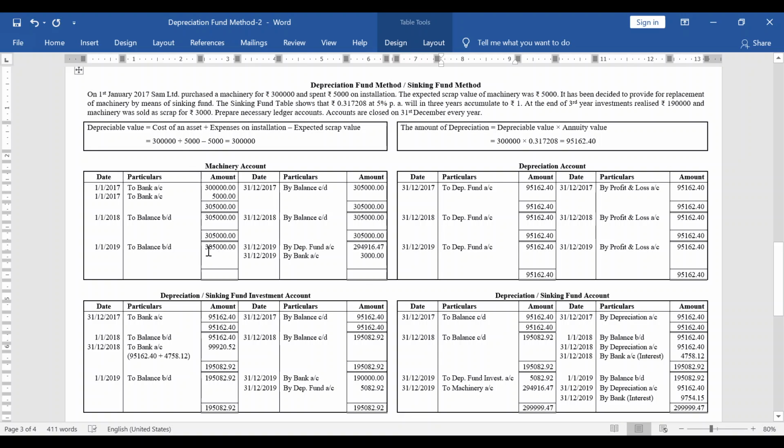Now once an asset is sold as scrap, then the asset account is closed, that is in this case machinery account is closed, and if there is any balance in the machinery account, then it is transferred to profit and loss account. That is in this case, machinery account shows a balance of 2,083.45.